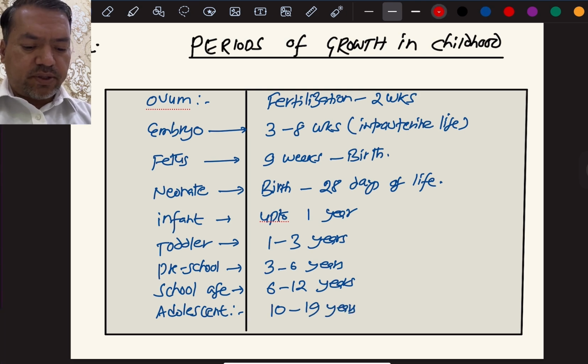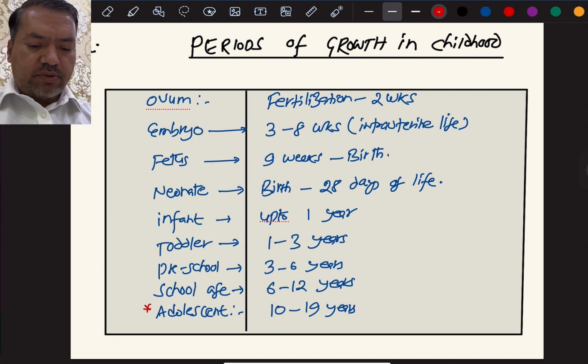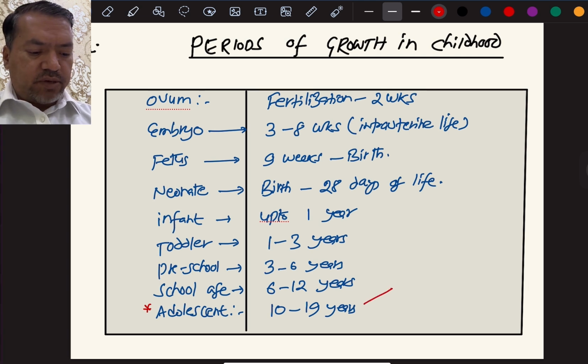Now students, this is a very important point. This has been asked multiple times in previous FMG exams or whatever licensing exam you appear in, and it is again divided into 3 parts: early, mid and late. Early adolescent period is from 10 to 13 years.